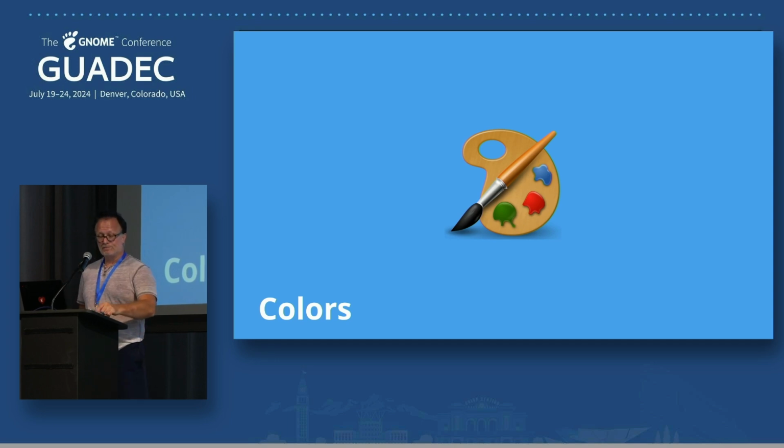Right. The last item I want to mention here is colors. Benjamin and myself have been working hard on improving support for colors and color spaces in GTK's rendering machinery, with the ultimate goal to be able to display HDR content properly.